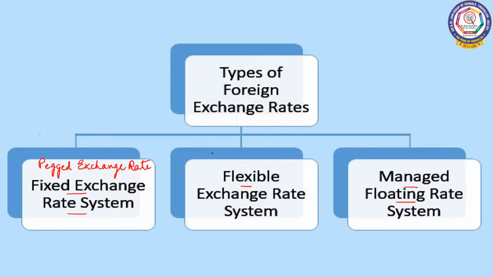Flexible exchange rate system is otherwise called floating exchange rate or free exchange rate system. And managed floating rate system is otherwise called dirty floating rate. Let us go into the detailed explanation.